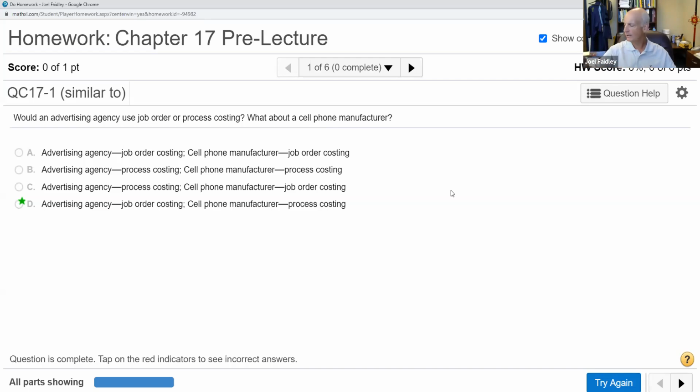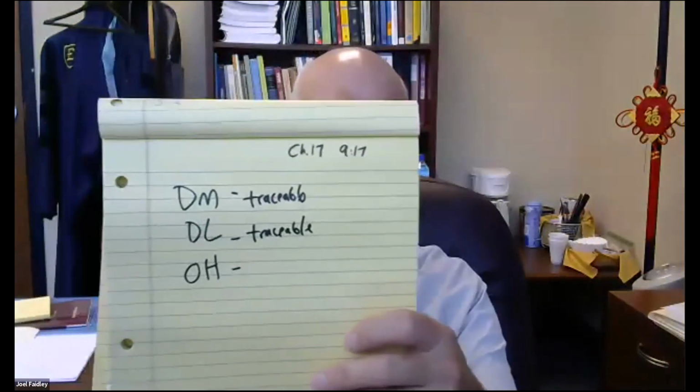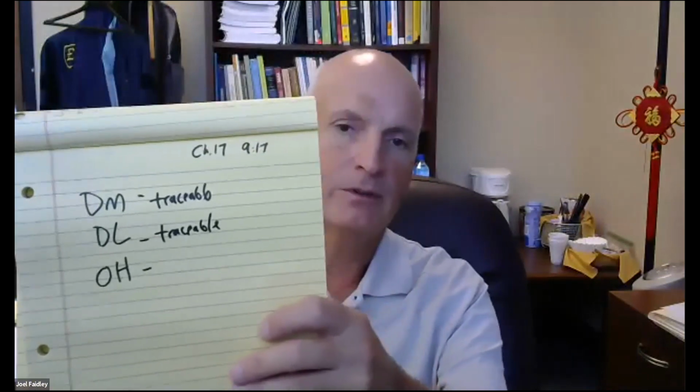Remember, the big three are direct material, direct labor, and overhead. Direct material is traceable, right? That's why it's called direct. So if I stop sharing this and put that up: direct material and direct labor are traceable.